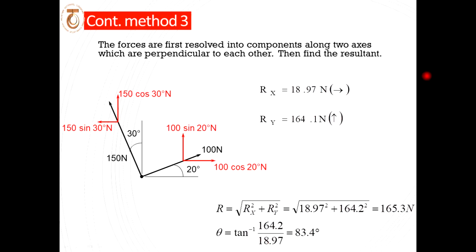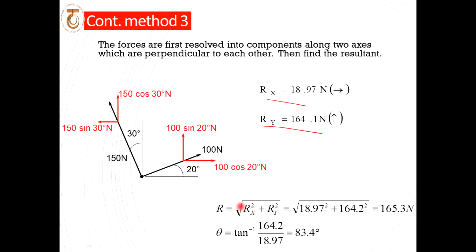Okay, the resultant force at the x-axis and the y-axis is not the end answer. When you already have these, you need to solve for the total resultant force by using the formula square root of Rx squared plus Ry squared.